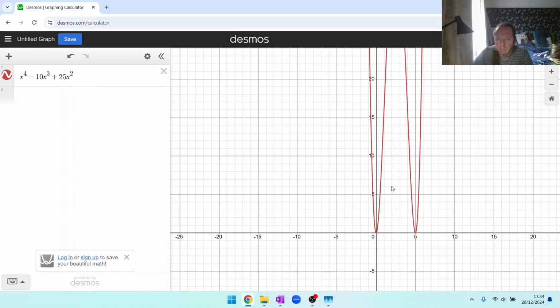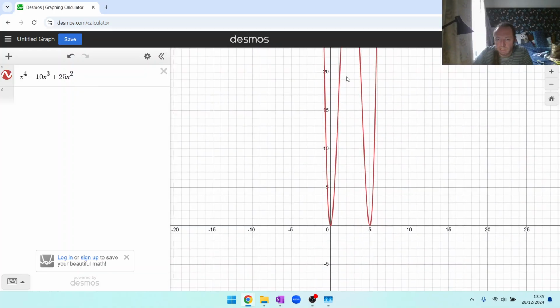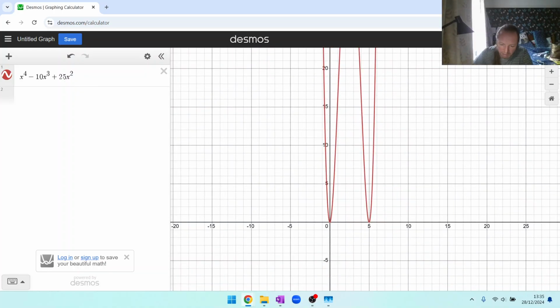So it's modeled like that. And because they were both squares, they just touch like it's shown here.